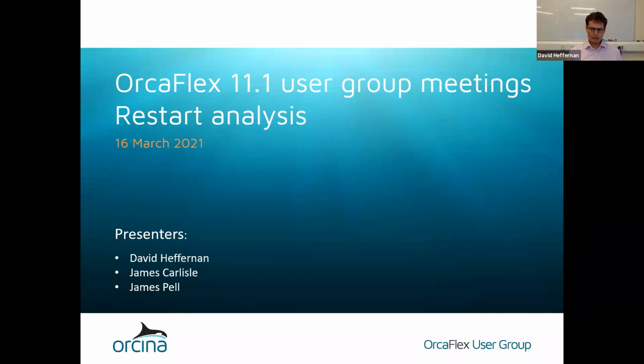So, as you know, these meetings were originally planned for the end of 2020, but we delayed them until now because the OrcaFlex release itself was delayed until a couple of weeks ago. Now, I can't blame that delay on the pandemic. The delayed release was simply because the new restarts feature was a huge undertaking, and we have spent the last 3 or 4 months testing it, which has been a really, really challenging task.